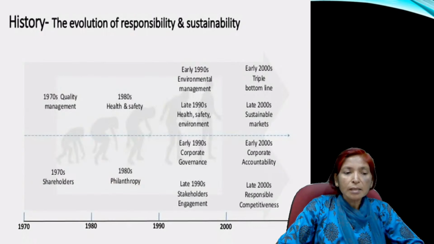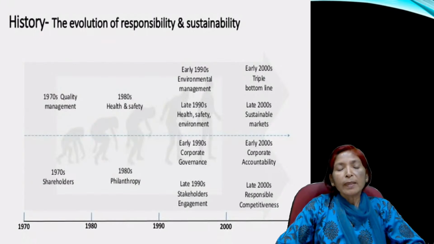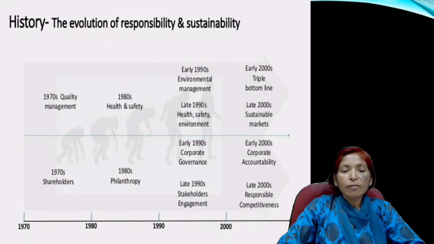And another point of responsibility in the 1970s is that every company should do its duties towards shareholders or stakeholders. And in the 1980s, this concept included philanthropy. Philanthropy means the wellness and betterment of the whole society.